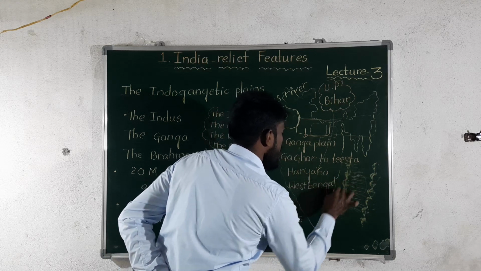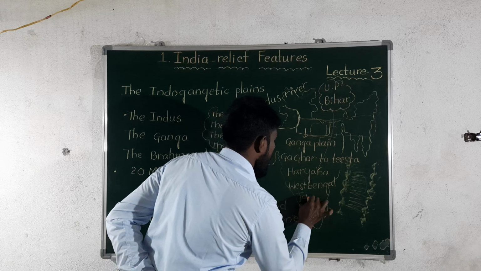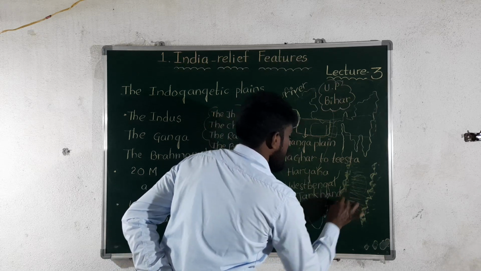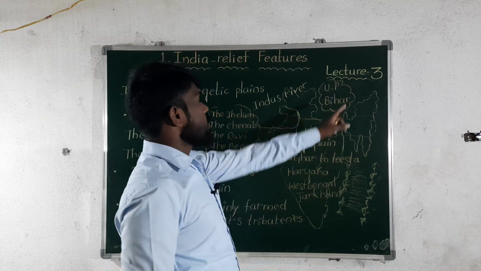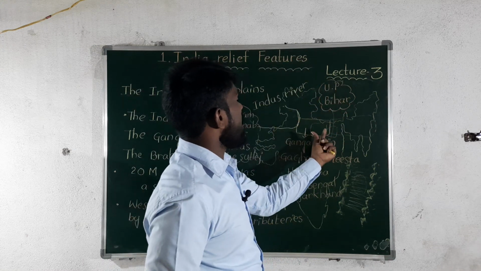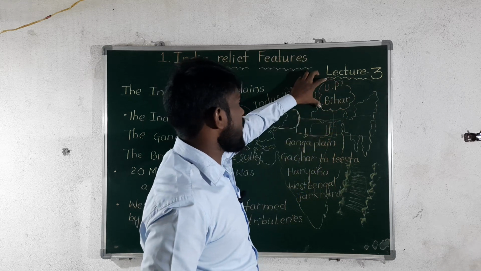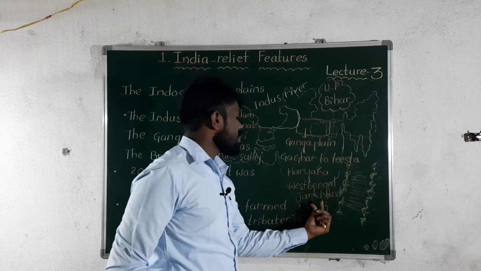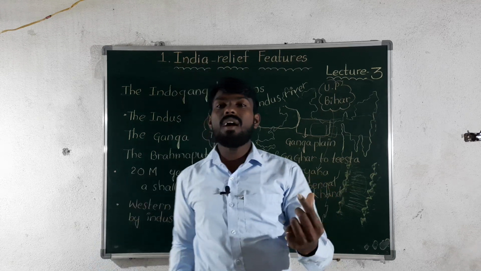Once again, I repeat, Uttar Pradesh and Bihar are the states where the maximum area is covered in this region, and partly Haryana, West Bengal, and Jharkhand.